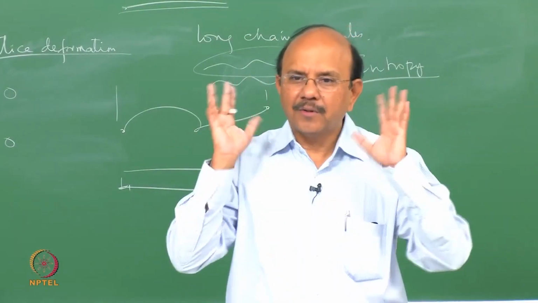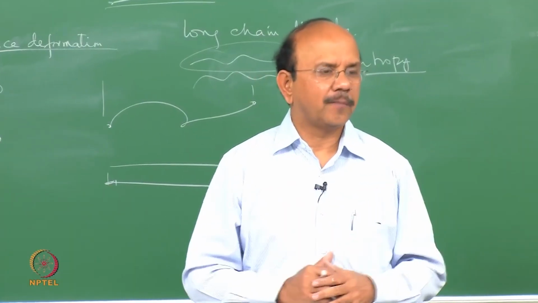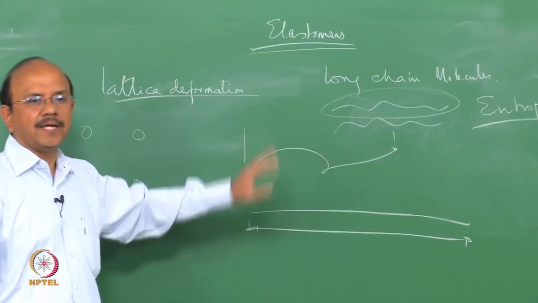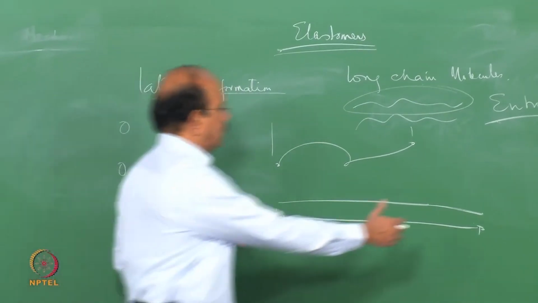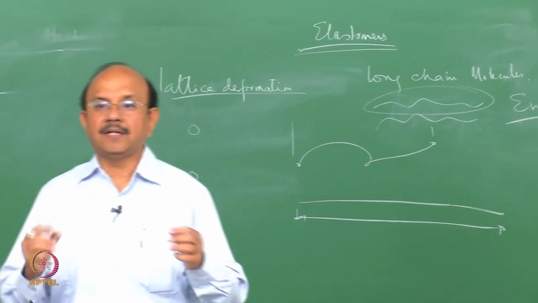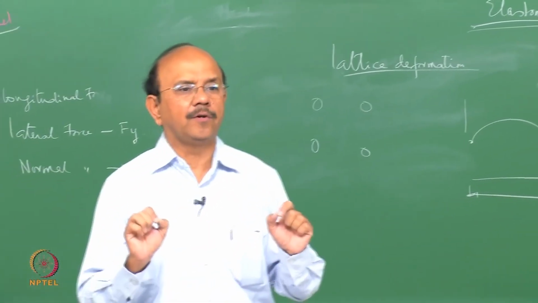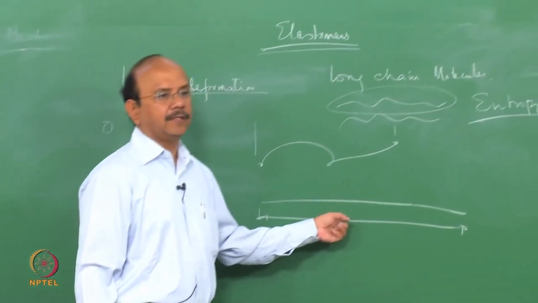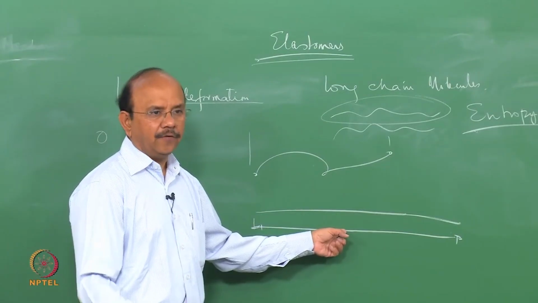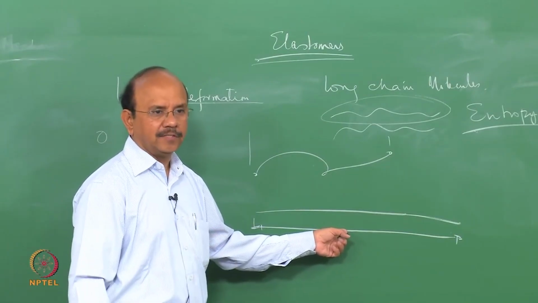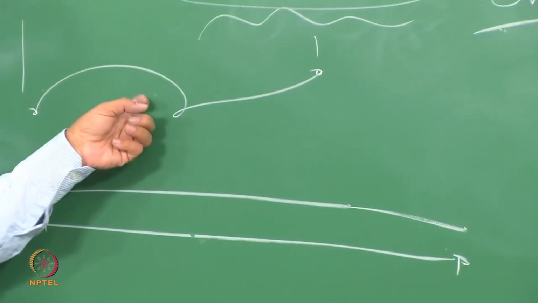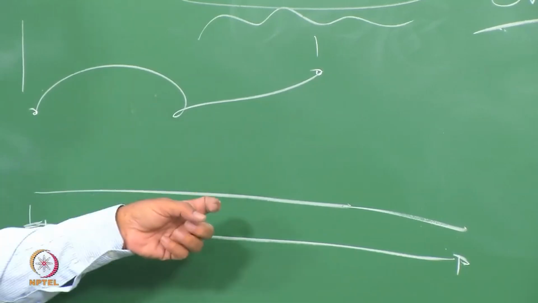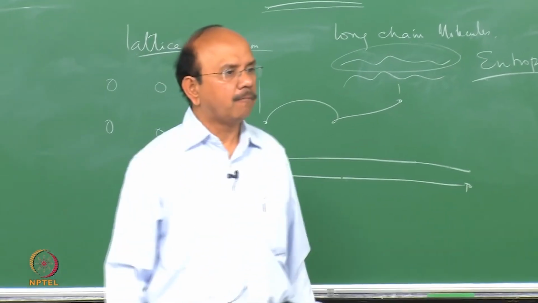Let's forget about the mathematics. Here we say that it is the configuration which decides the entropy. When it becomes straight, the number of configurations that this macromolecule can take is limited, and so the entropy actually drops. So when I leave it, the entropy actually increases, and so it goes back to this position. So there is an entropy change that is responsible for the deformation of these macromolecules.